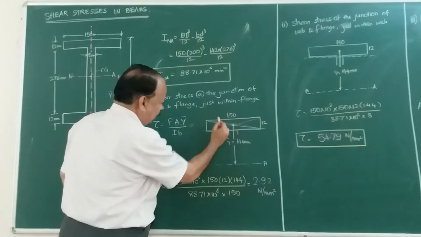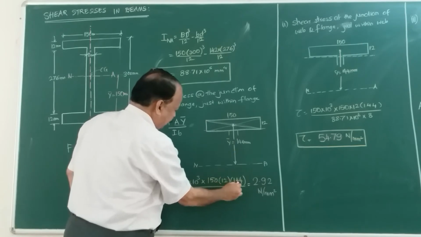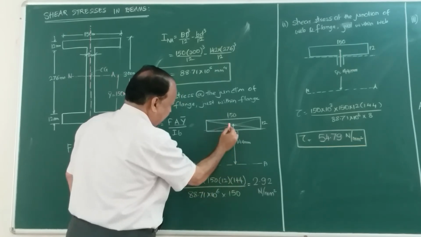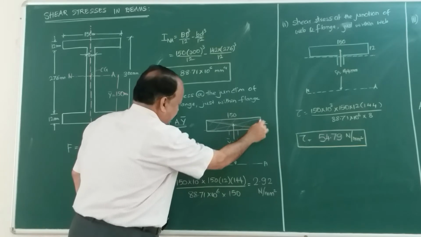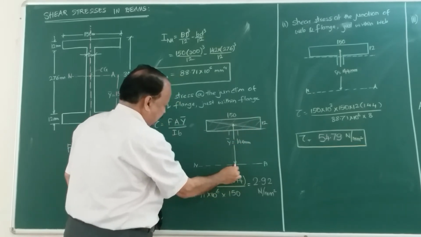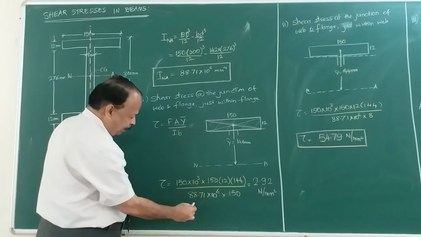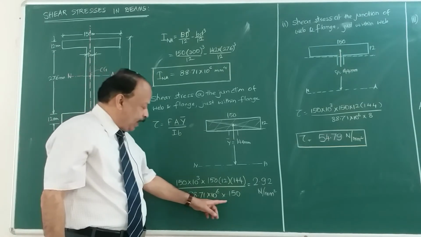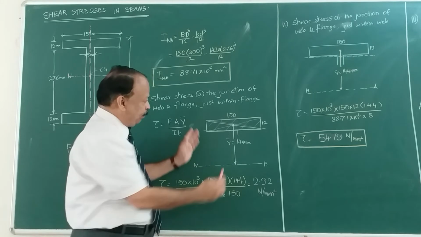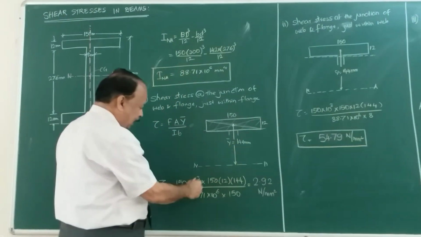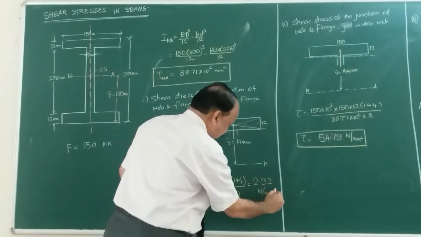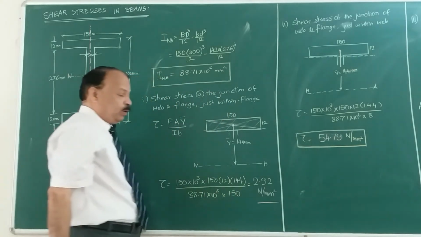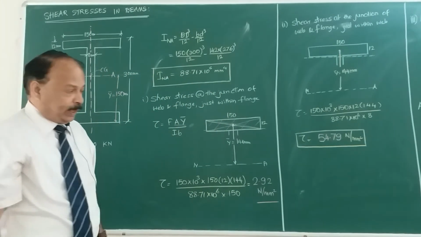A is 150 by 12 and y bar is the distance of centroid of this area from neutral axis, that is 144, divided by I, 88.71 into 10 raised to 6, and B is now 150 millimeter. So on calculation we get the shear stress as 2.92 Newton per millimeter square.